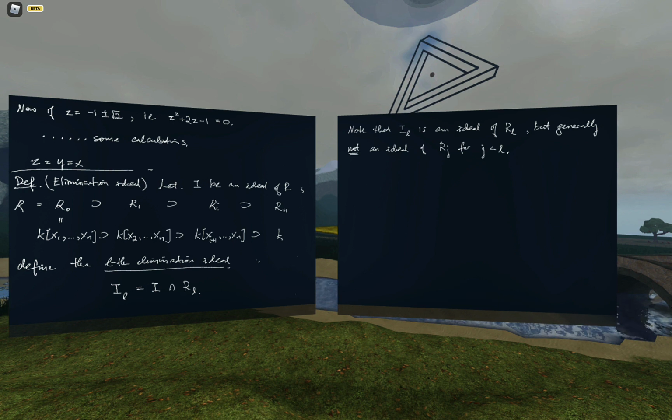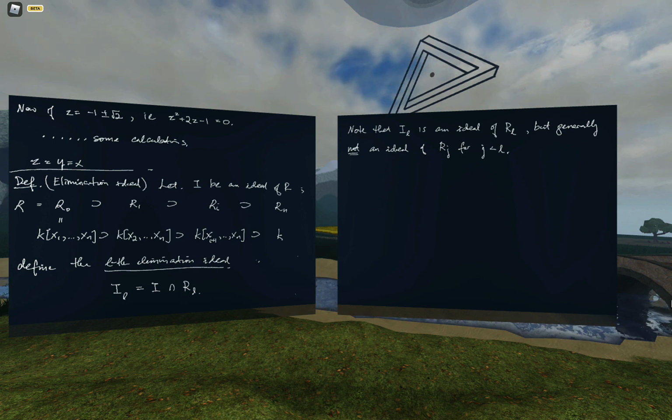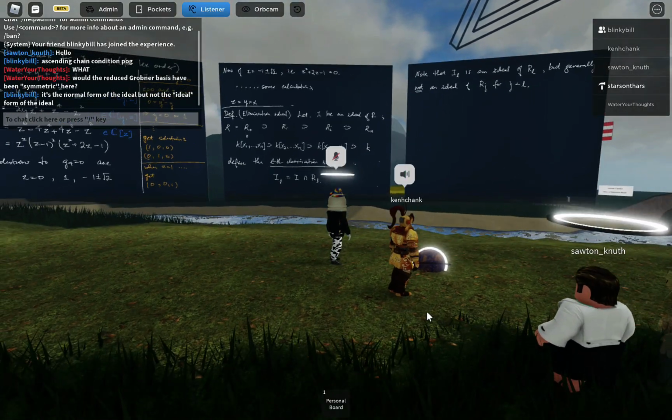It's called the elimination ideal, but it's really just an ideal of that level, or of that L, if you like. Okay, so the elimination step, right? When we eliminate variables, it's really the same as finding elements of IL, right? Because you can also think of this sequence of Rj's that I've written here as eliminating variables as you go to the right. Each time you go a step to the right, one of the variables disappears until you get to the end, all the way to the right, where all the variables are gone, right?